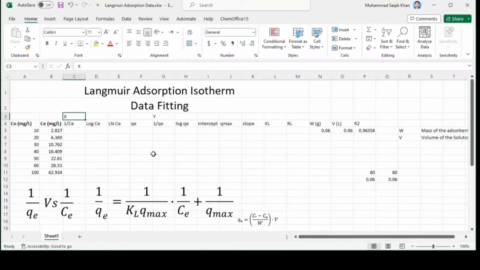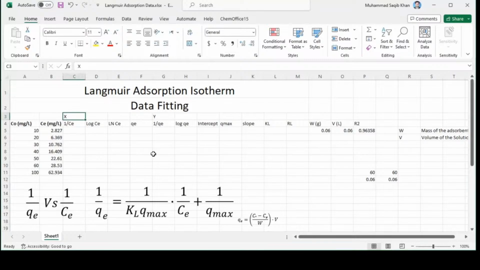Whenever you are exporting it, always use the PNG format. For example, let's cancel this. So you can export it, or you can copy this page and paste it in your Word file.